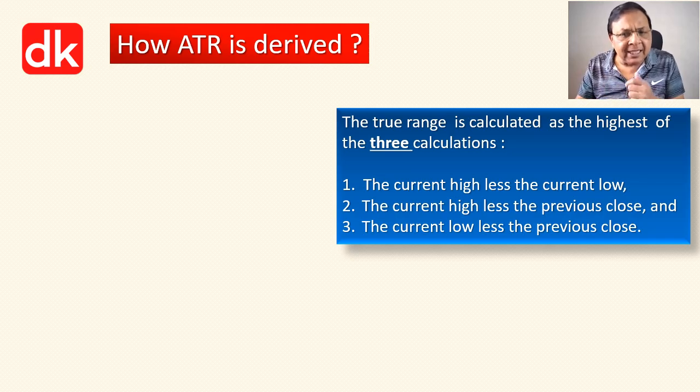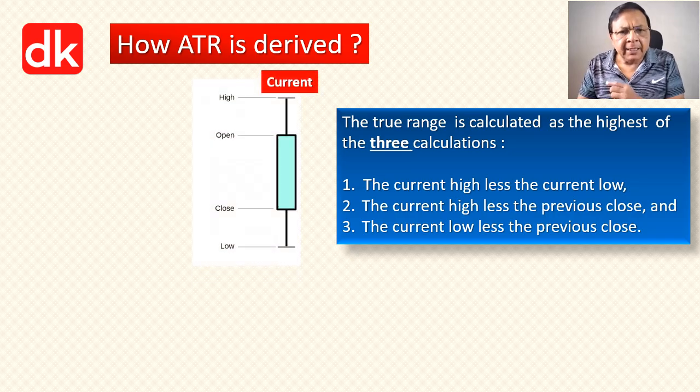Let us understand this pictorially for better conceptual understanding. This is the current candle. In this current candle, all four elements, high, open, close and low, are marked on the diagram.